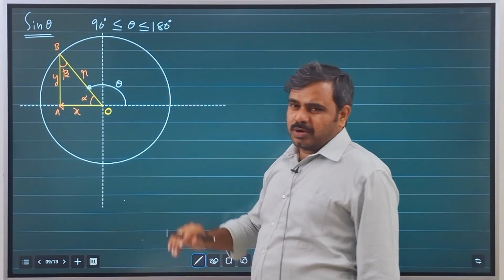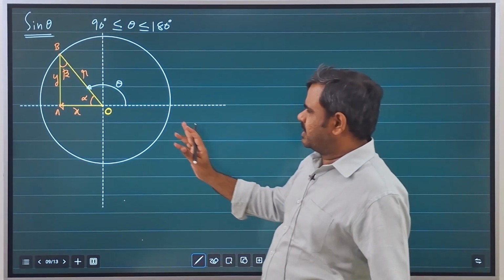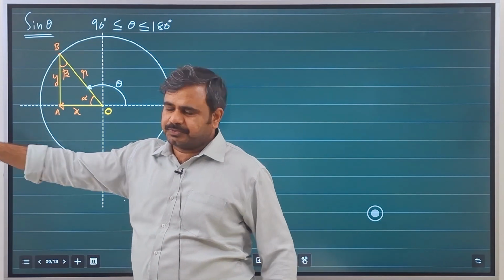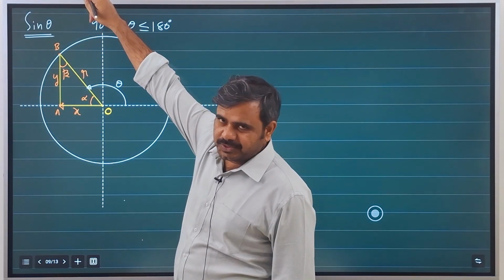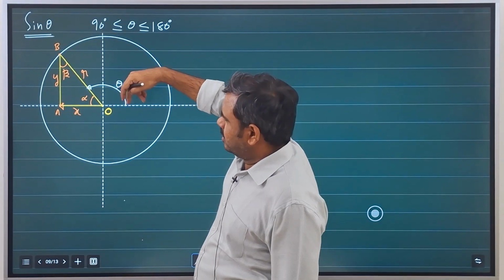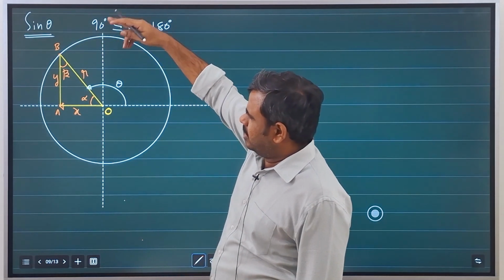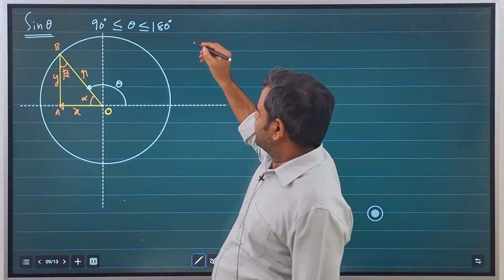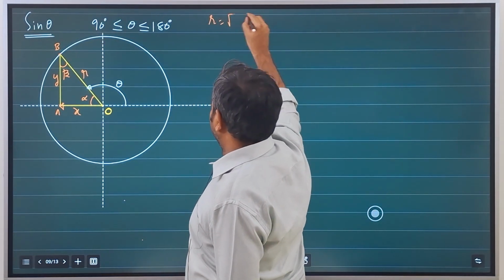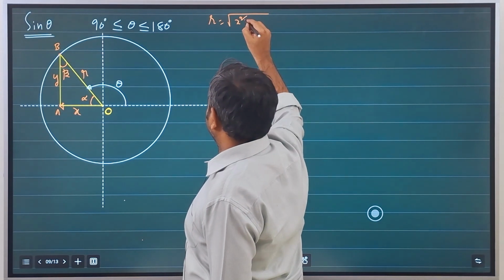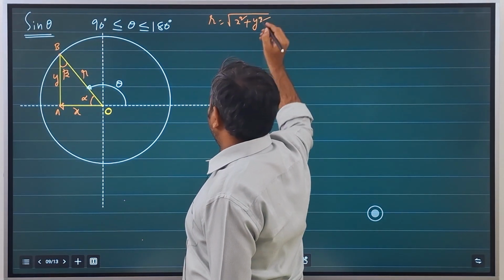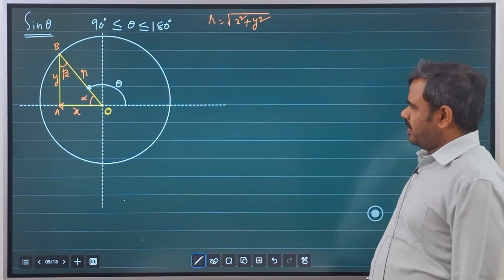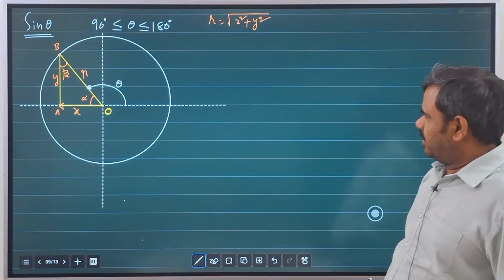So in the second quadrant, x value is negative, y value is positive, and r is of course root of x square plus y square. Use Pythagoras theorem: hypotenuse square is equal to the sum of the squares of the sides.